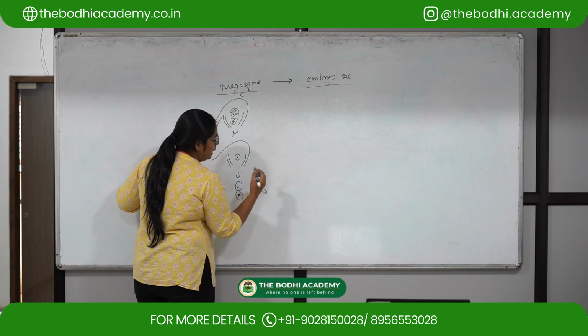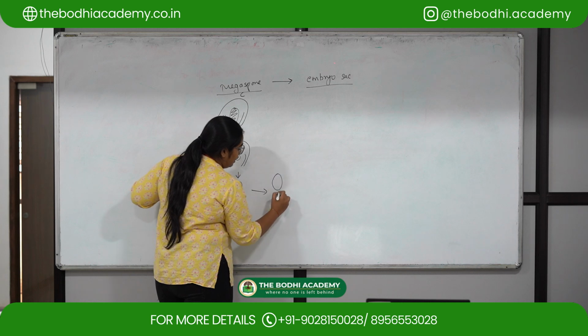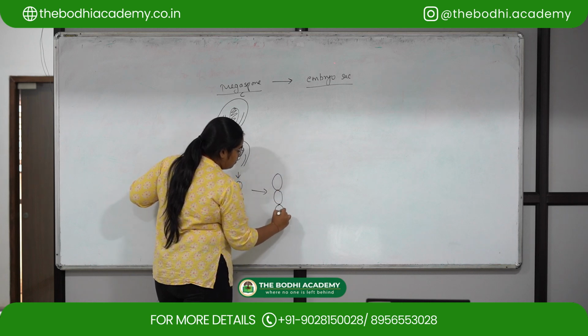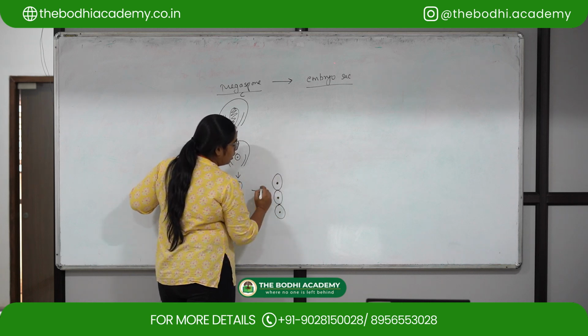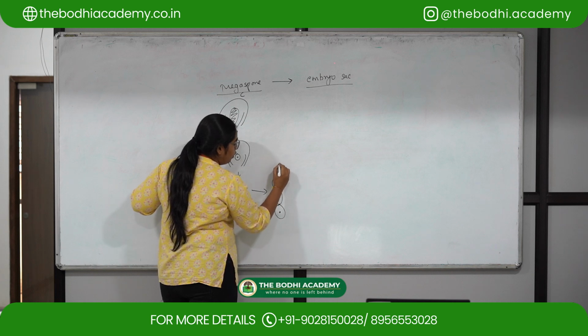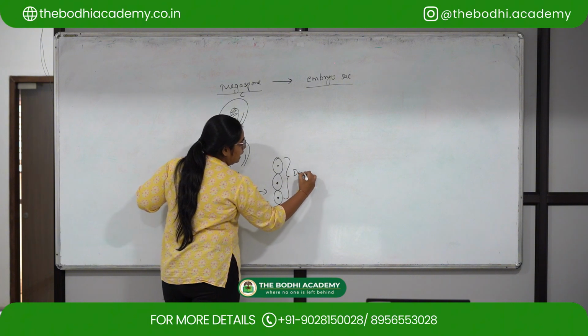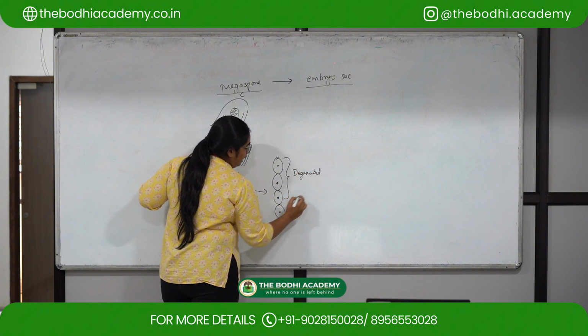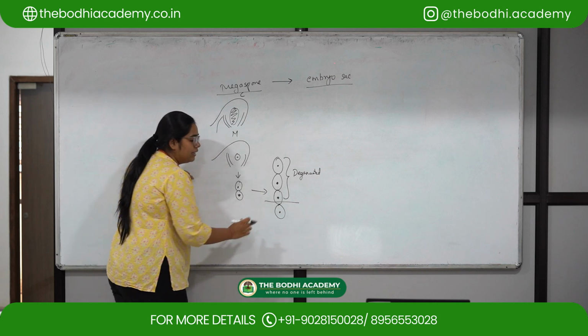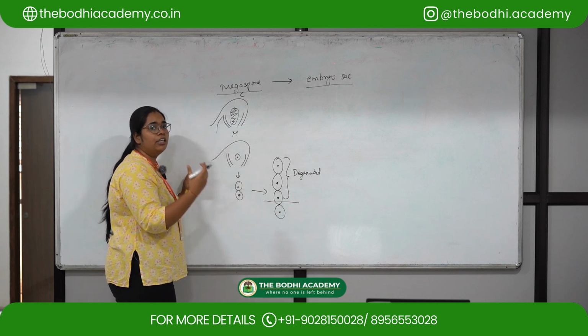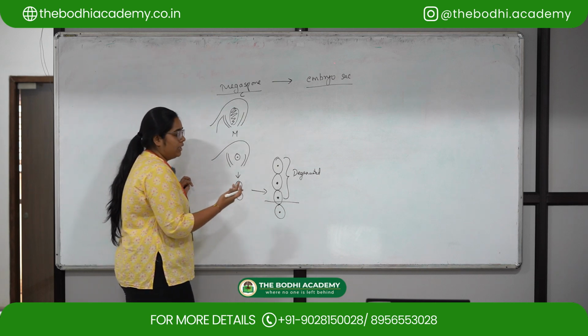This will further divide to form a tetrad. From this tetrad, three cells will degenerate, and this one cell will enlarge and start developing into an embryo sac.